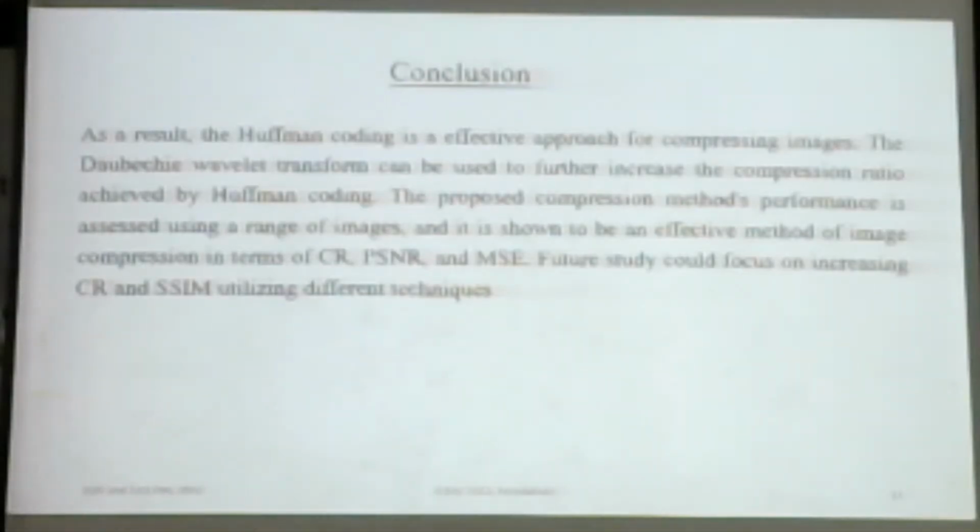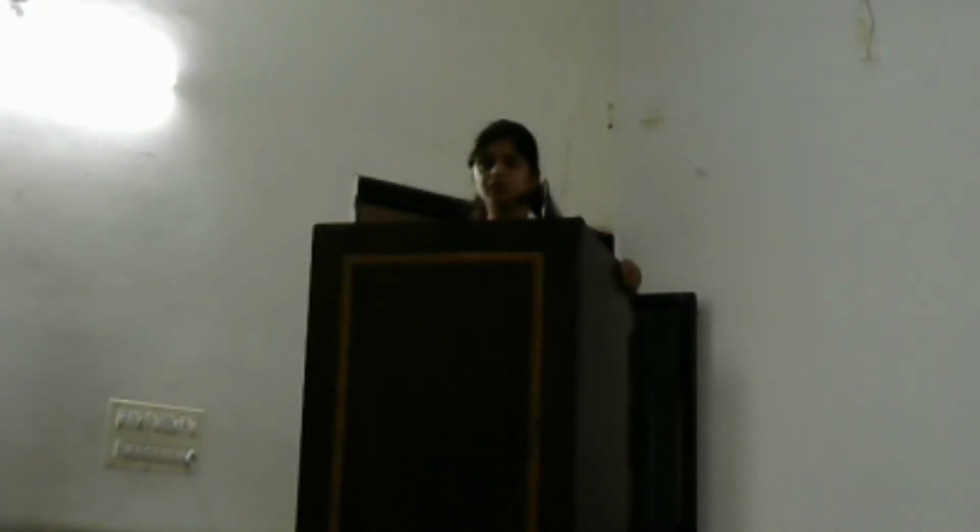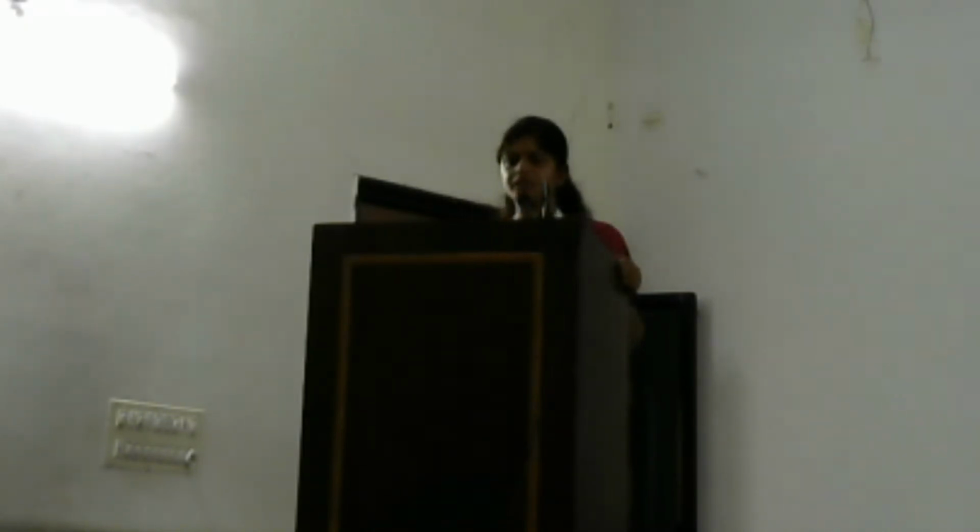Then you can keep changing to other images. That's why my future work is increasing the compression ratio as well as the SSIM and utilizing different techniques. I am trying to do that also. But you have mentioned many things, so what method is applied here? You have mentioned 4 methods, right? Yes. Which method is applied for compression?